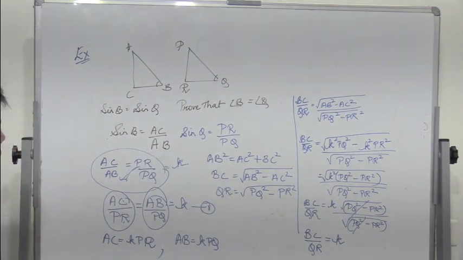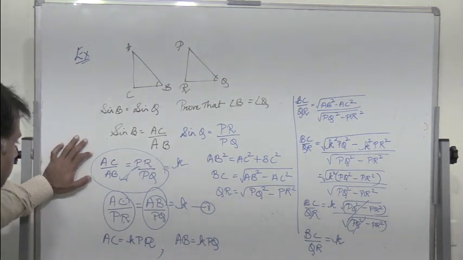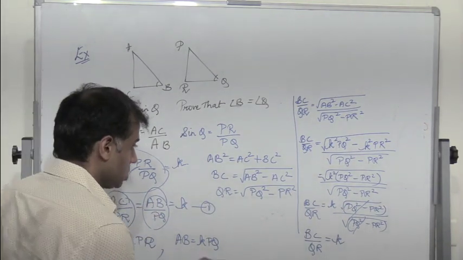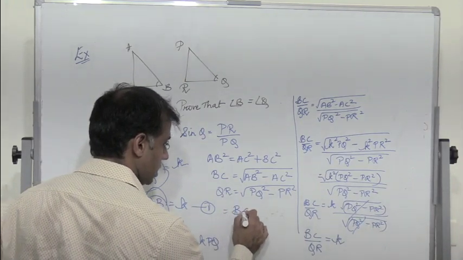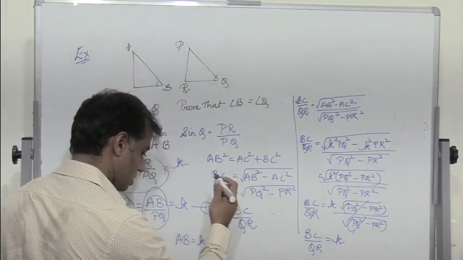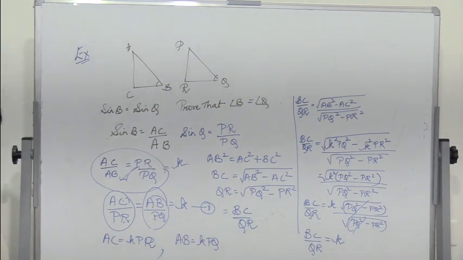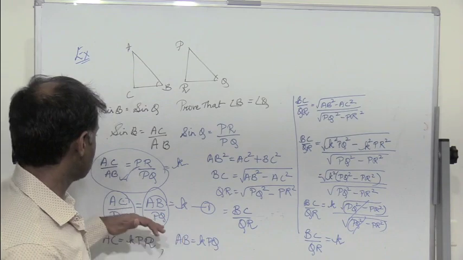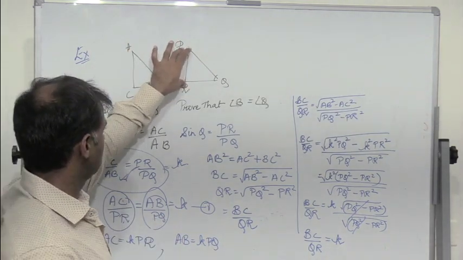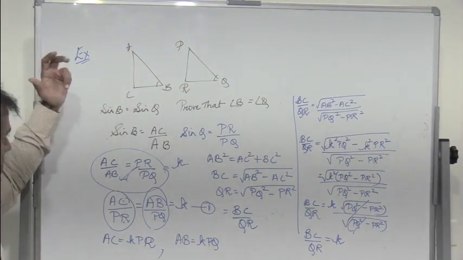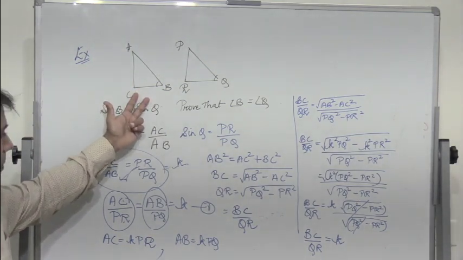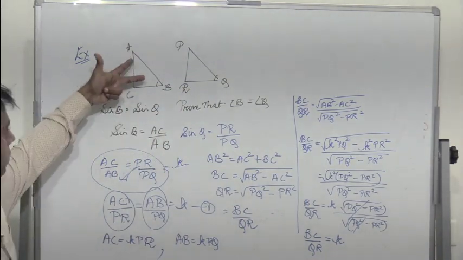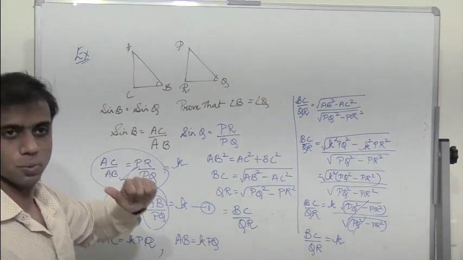Okay. So now what is the question now? You have AC by PR equals AB by PQ, which is also equal to BC by QR, which is equal to K. Right? So we find that the ratios of the sides AC by PR is equal to BC by QR is also equal to AB by PQ.